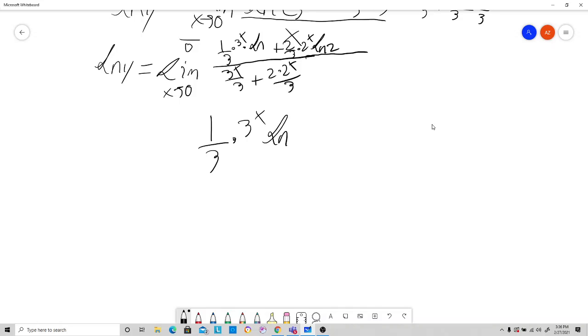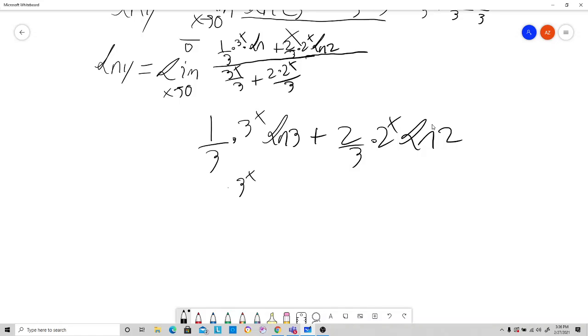It's the ln of 3 plus 2 over 3 times 2^x ln of 2. Okay, so right here, let's combine them together. I'm just going to do the numerator first.